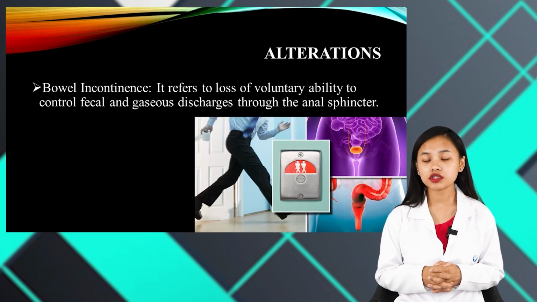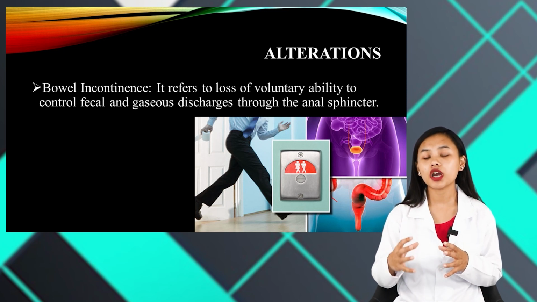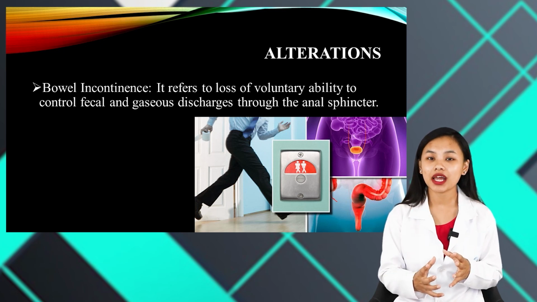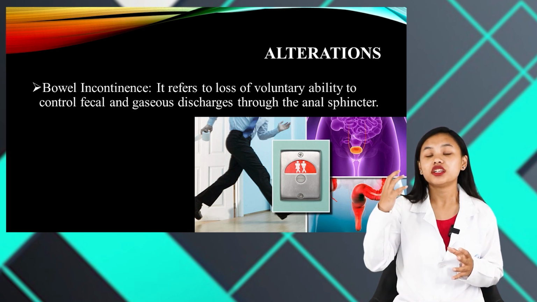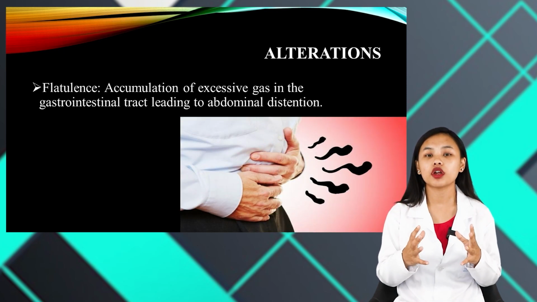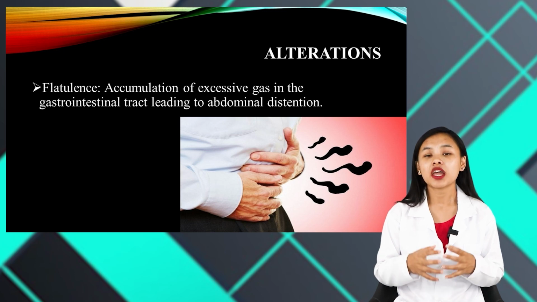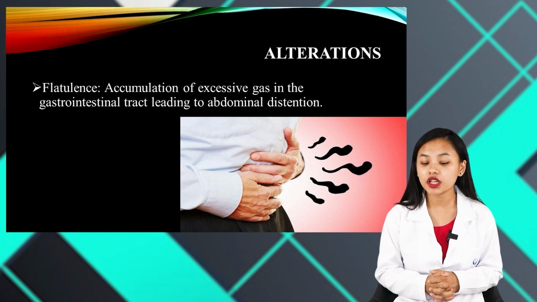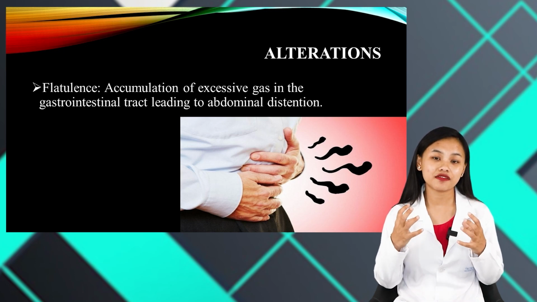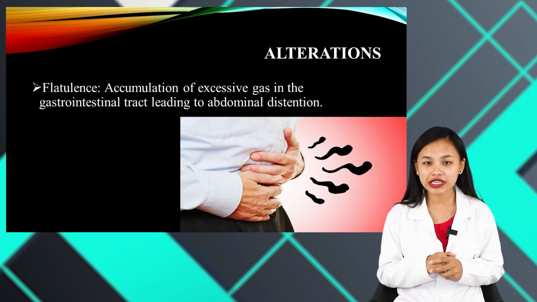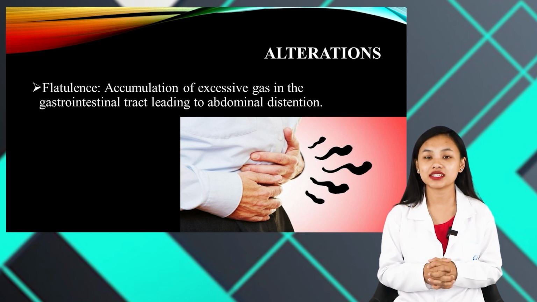Bowel incontinence refers to the loss of the voluntary ability to control the fecal as well as the gaseous discharge from the anal sphincters. And the last one is flatulence. This is a condition where there will be accumulation of excessive gas in the gastrointestinal tract, which can also lead to abdominal distension.